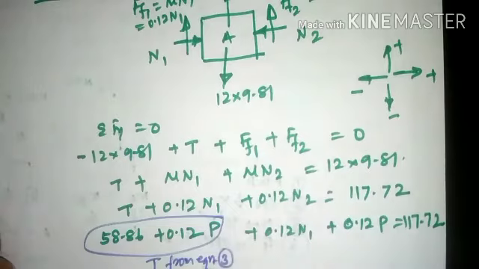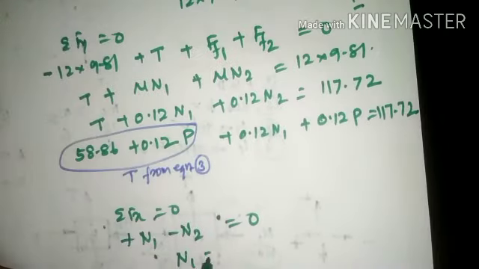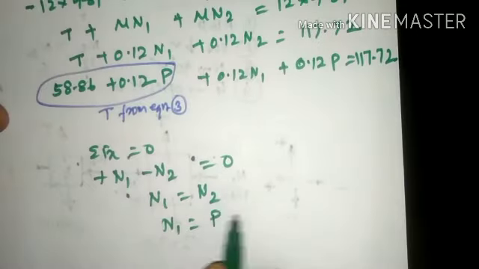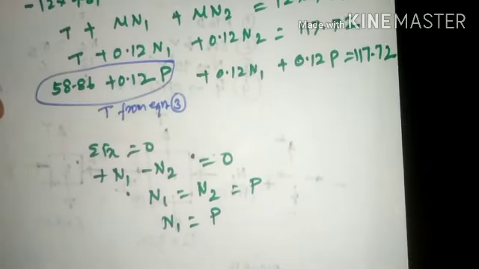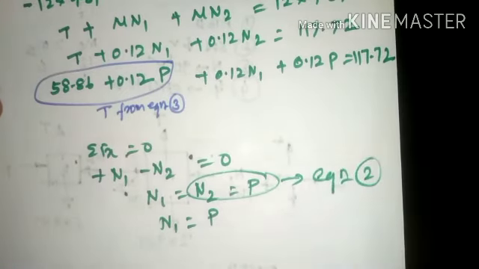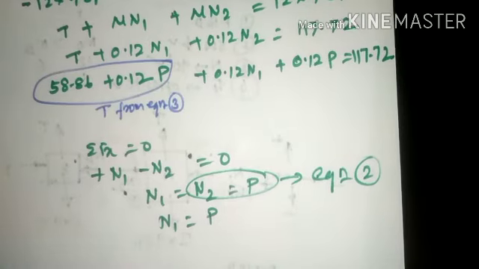N2 is on left hand side, minus N2, that is equal to 0. So N1 will be equal to N2. What is the value of N2 now? N2 value is already calculated as P from equation 2. So N1 will be equal to P.